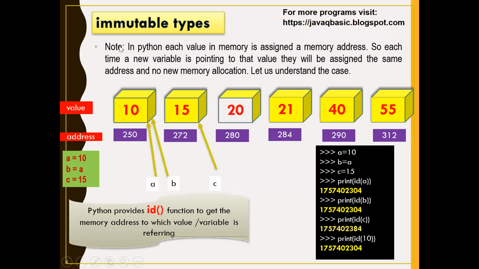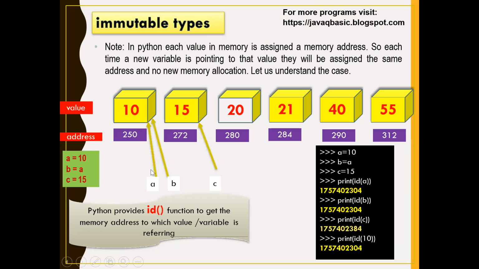Now here in Python, each value in memory is assigned a memory address. So each time a new variable is pointing to that value, it will be assigned the same address and no new memory allocation will be made. Here you can see the values 10, 15, 20, 21, 40, 55, and these are the addresses.